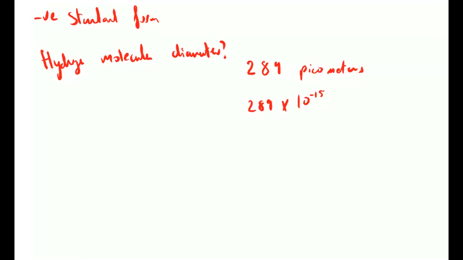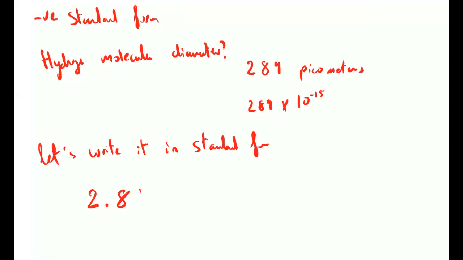So let's write it in standard form. Yeah, it's very small. So we will say 2.89 times 10 to the power of what? It's 289 times 10 power negative 15.